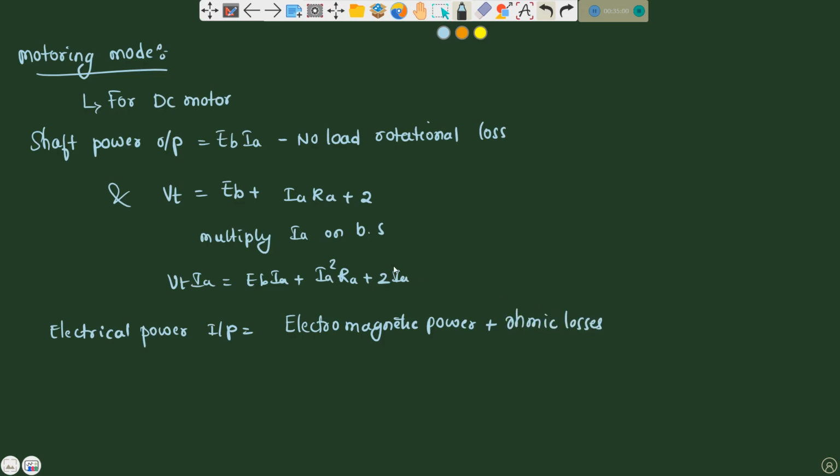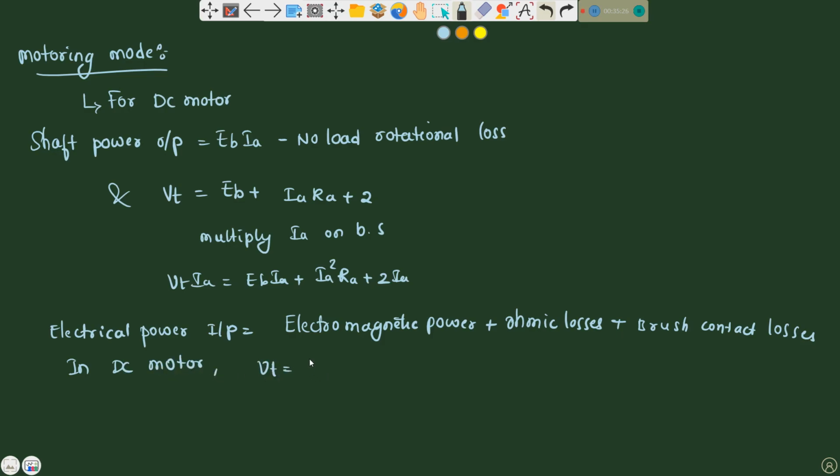Correct, here we are saying ohmic losses. Then you will get what? Plus brush contact losses. Understood?